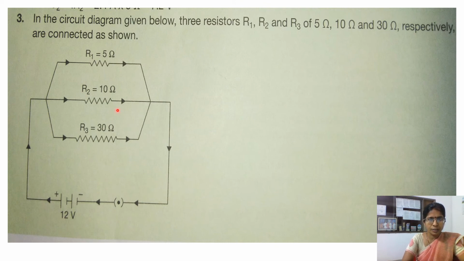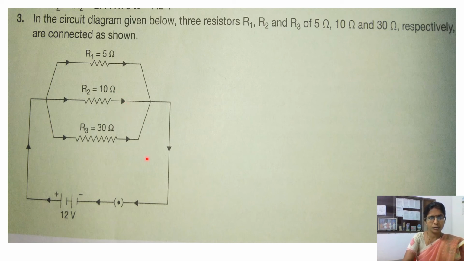In the circuit given below, 3 resistors R1, R2 and R3 of 5 ohms, 10 ohms and 30 ohms respectively are connected as shown. So here 3 resistors are given, having 5 ohms, 10 ohms and 30 ohms. These are connected in parallel combination.